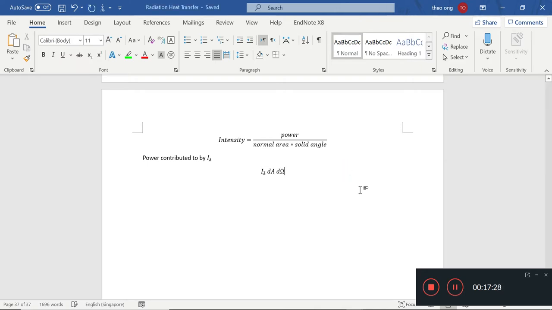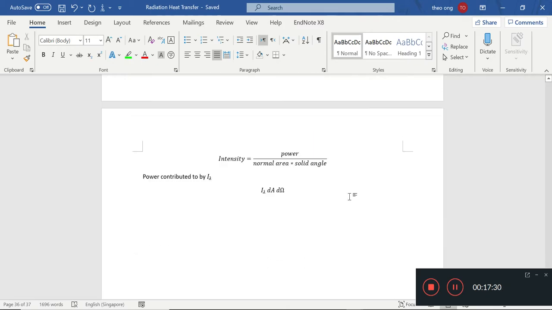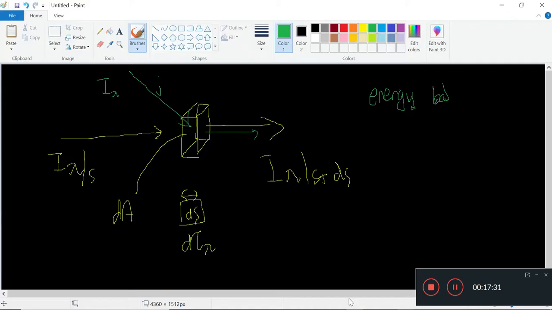I'm not considering anything else here, just this little pencil of rays coming in.